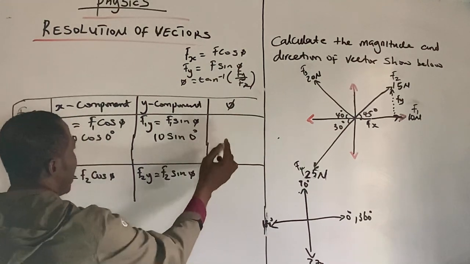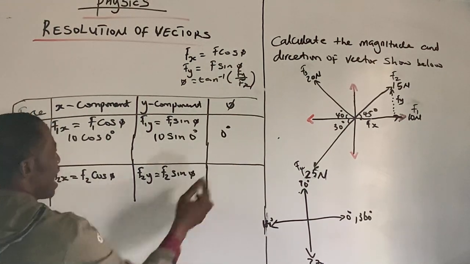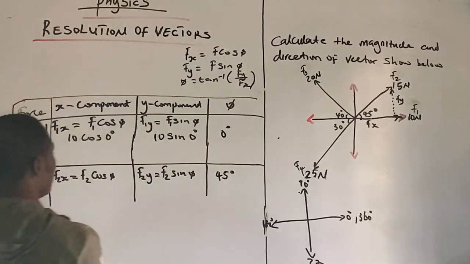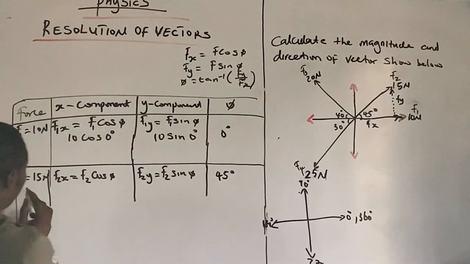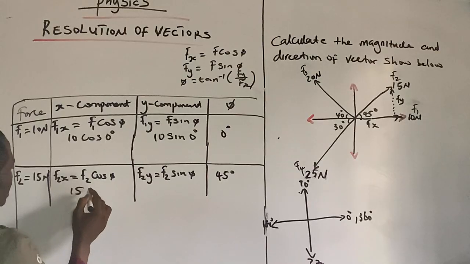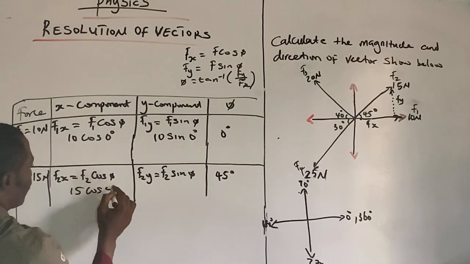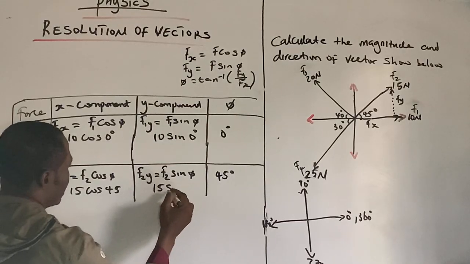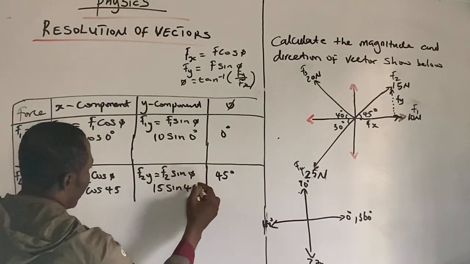Now, don't forget that the angle here is 0 degree, while the angle of inclination here is 45 degree. Now, having said that, what is my F2x? It's going to be 15 cos 45 degree. What's my F2y? Again, 15 sine 45 degree.